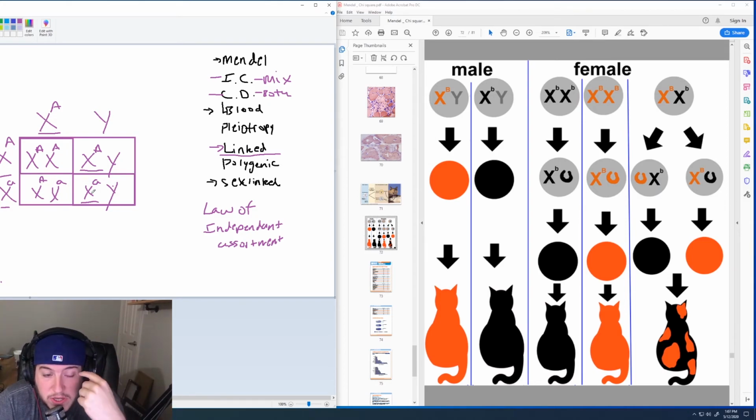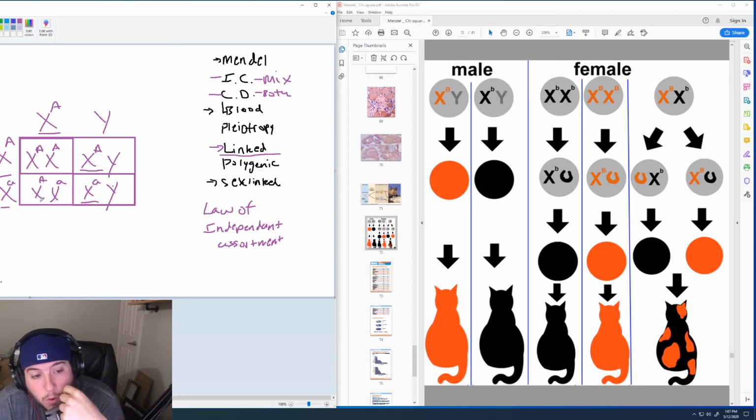So if our disorder here is recessive, this guy, you have a 50% chance of having a boy, and then once you have a boy, you have a 50% chance of that boy having the disorder, assuming the disorder is recessive. But if you have a girl, there's no chance that the girl has the disorder, because the girl has to be unlucky twice, and that's not possible with this Punnett square.